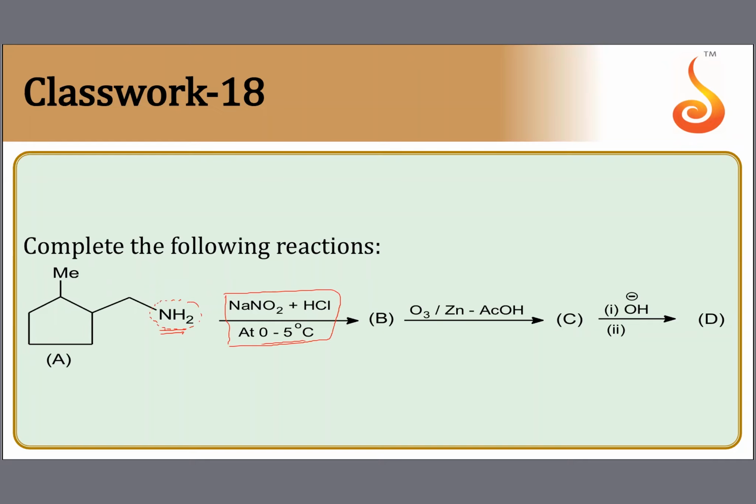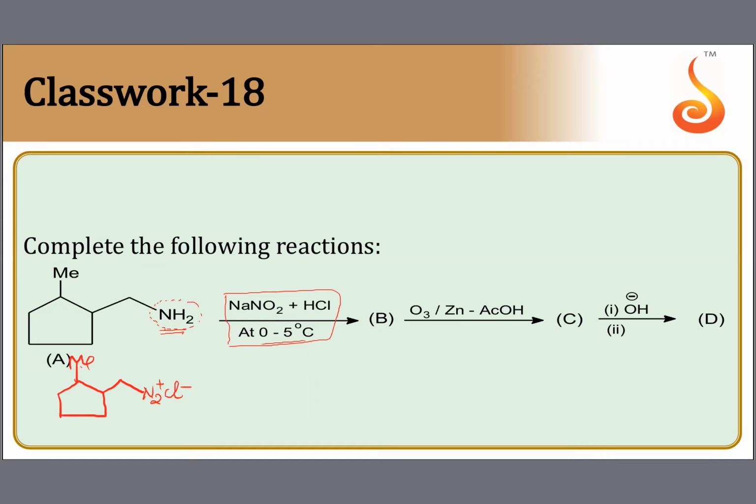That undergoes rearrangement and reaction with OH forming alcohol or alkene. 2 types of products we can get. So first NH2 will go, diazotization takes place. So here N2 plus Cl minus is formed.